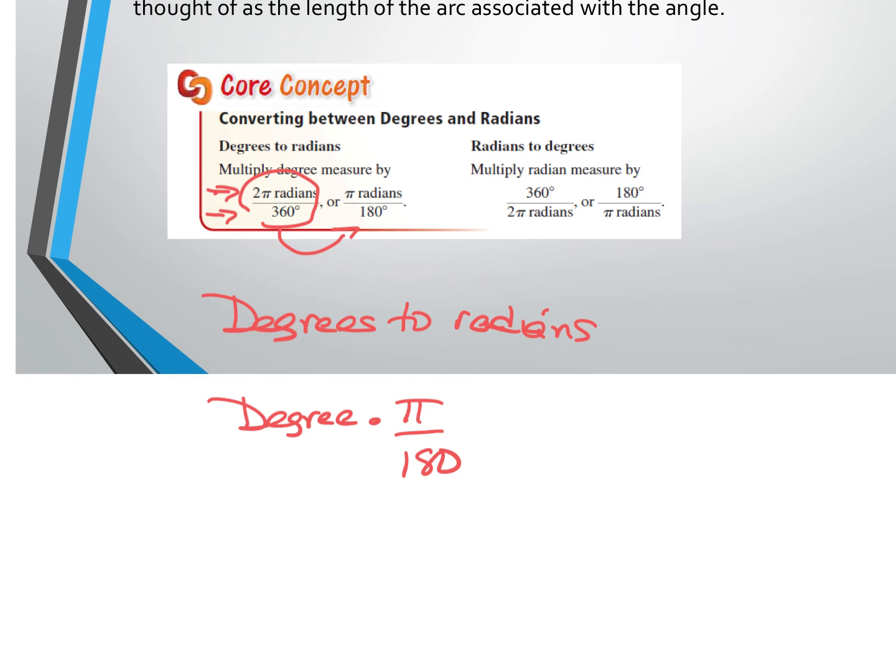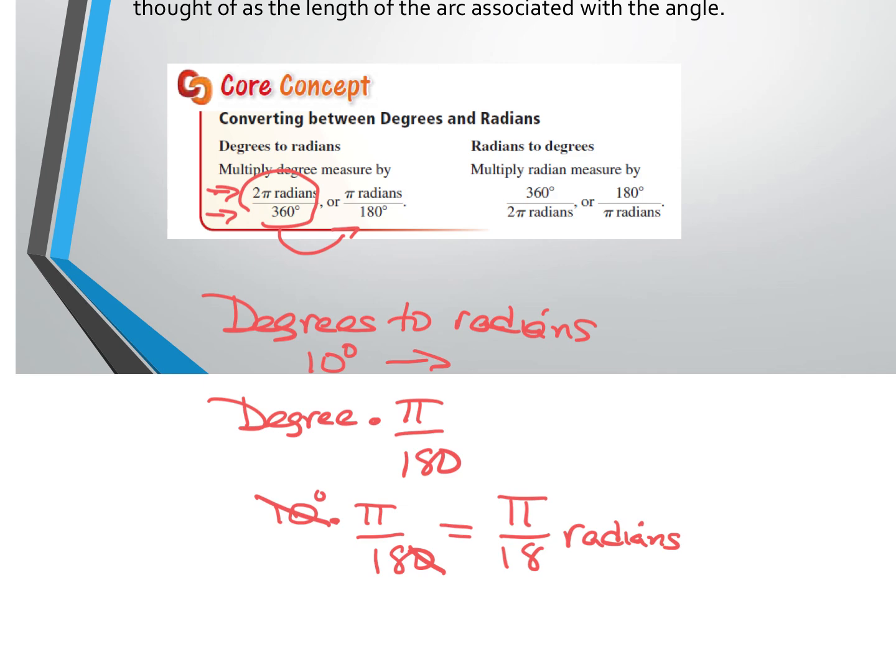So for example, if I wanted to convert 10 degrees into radians, I would do 10 times pi over 180. I could simplify, cut off a 0, and 10 degrees is equivalent to pi over 18 radians.